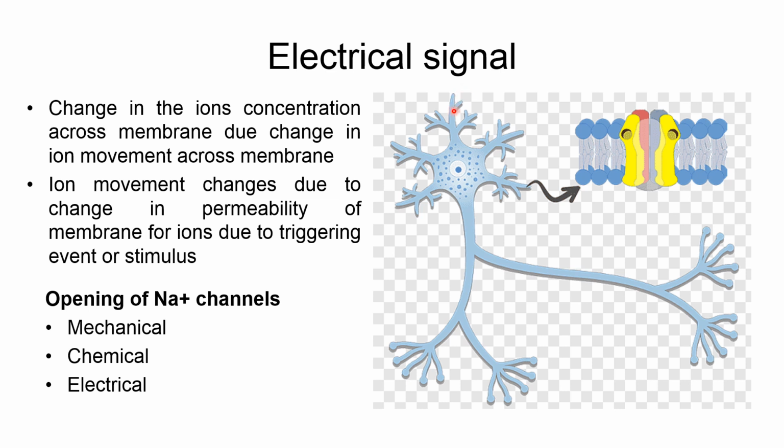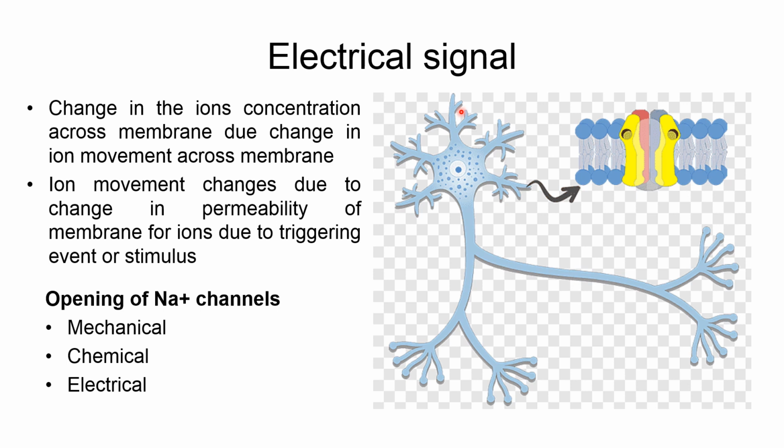For example, if it is a chemical sodium channel located here, these dendrites are receiving a chemical signal. For example, this neuron is for olfaction, the sense of smell. The chemicals evaporate and go into our nasal cavity, and then they bind with the dendrites of these neurons.